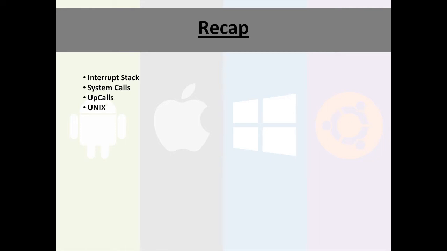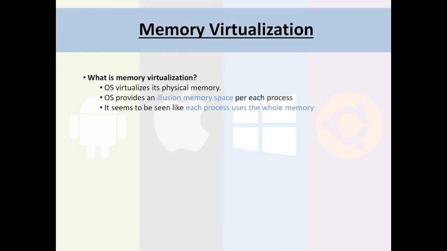And last part of that, we looked at Unix. And in the next lab you'll be playing around with some of those Unix commands that we touched on last week. So on to today's lecture, focusing mainly on memory virtualization.